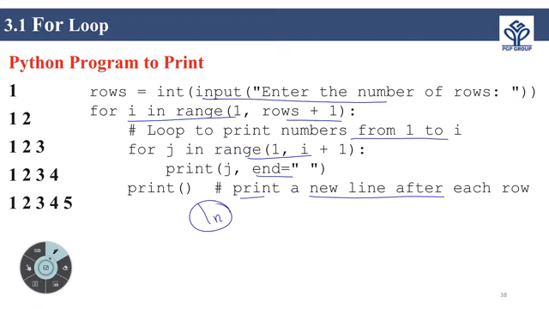Clear? So first see I in range, so I value is equal to 1. Okay, row first 0 row, so first row, so 0 plus 1, okay, this value.